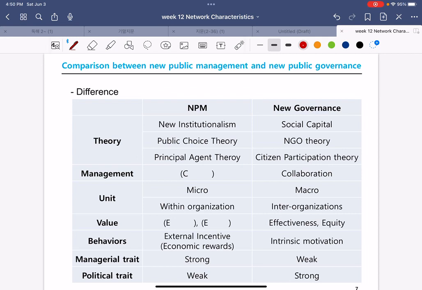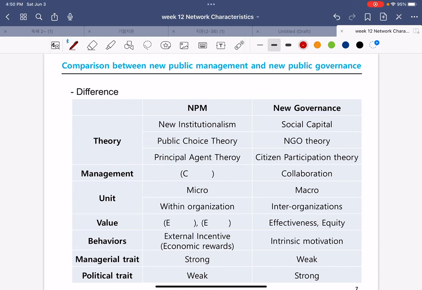Economic and monetary reward incentives cannot motivate the variety of actors in the new governance. Therefore, social capital, NGO, and citizen participation theories are emphasized.